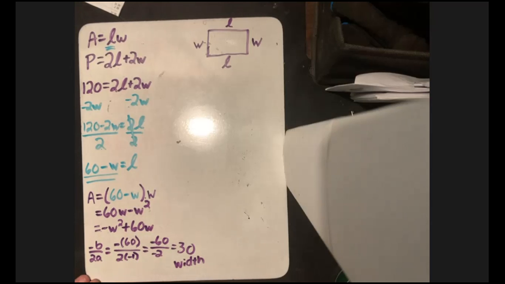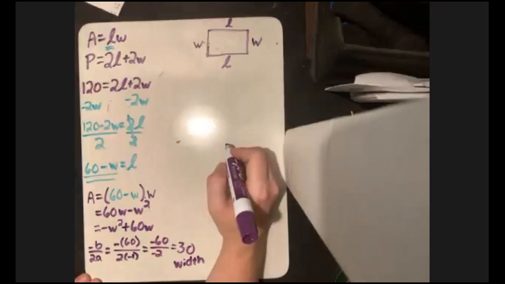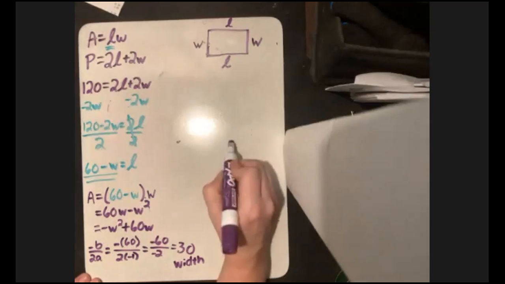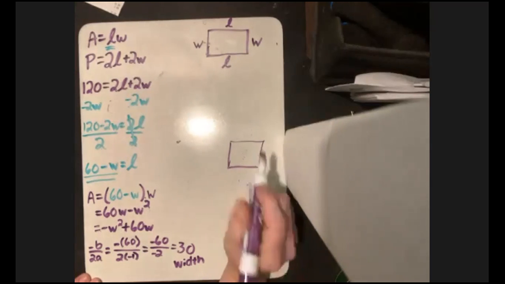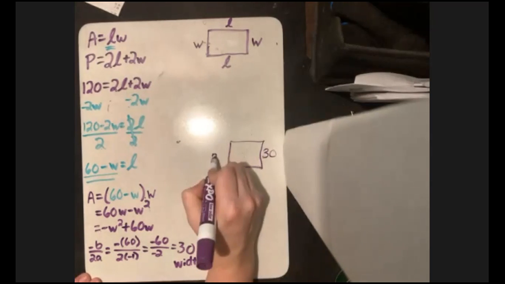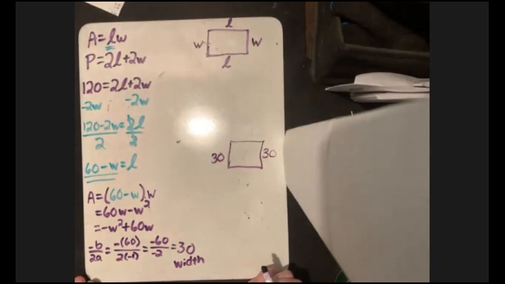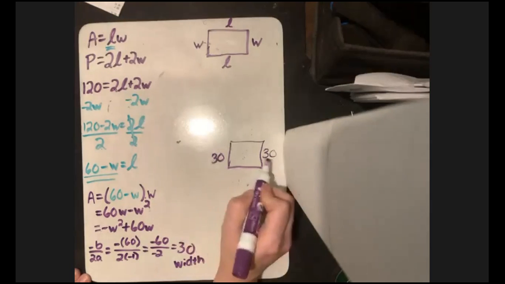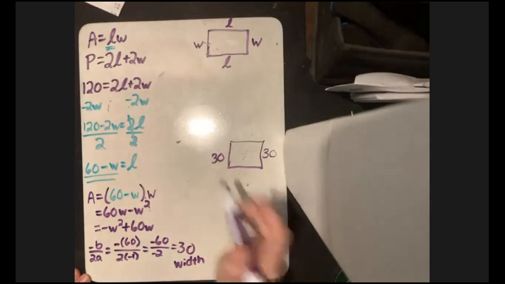Okay. Now, this is one of those situations where we can use our geometry knowledge to help us out. If this width is 30, then this other width on this side, because it's a rectangle, must also be 30. Now, that means I've used up 60 feet total.